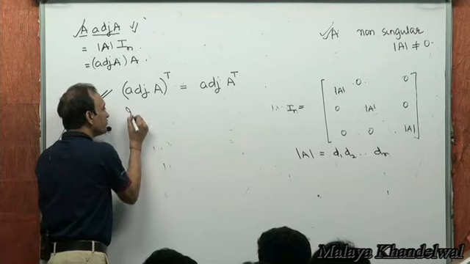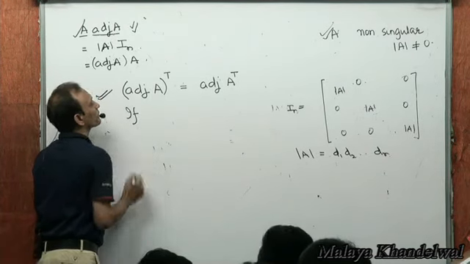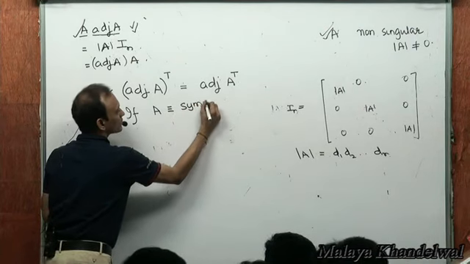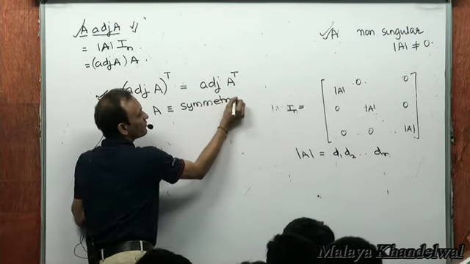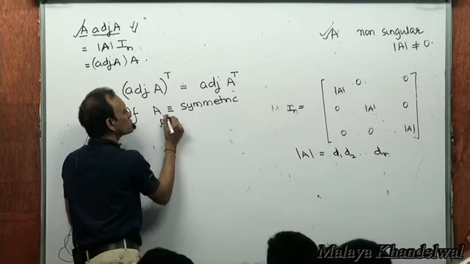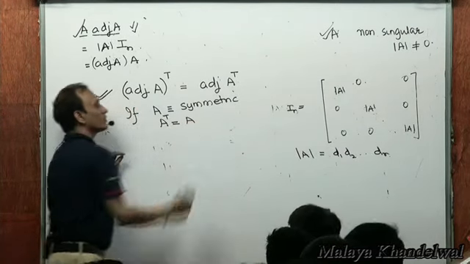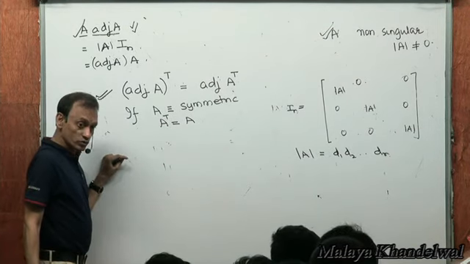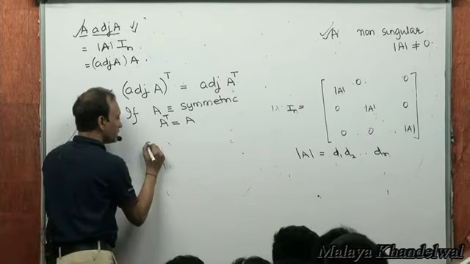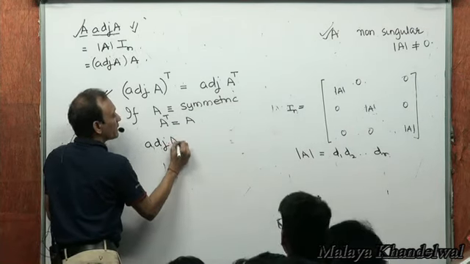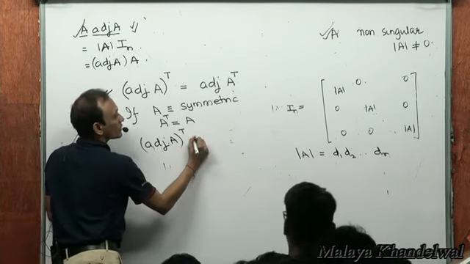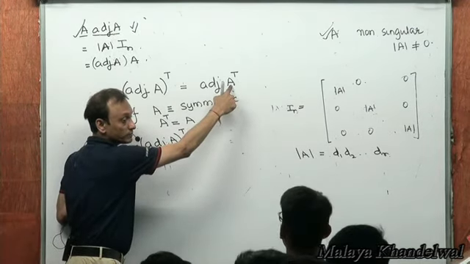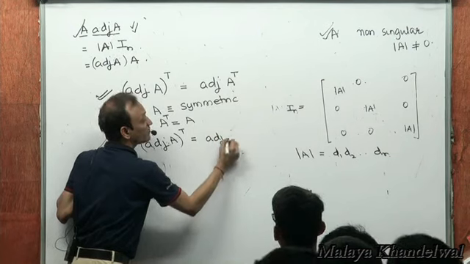Now, if A is symmetric, then A transpose will be equal to A. If A is symmetric, A transpose will be equal to A. Yes or no? Then adjoint of A transpose will be the same as adjoint of A, if A is symmetric.